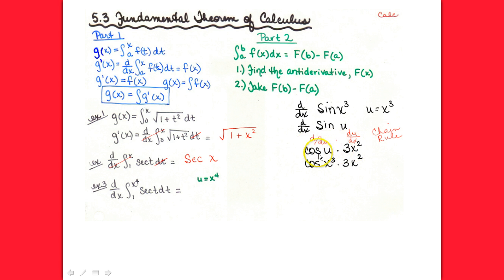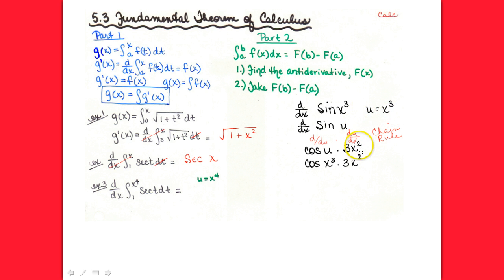Look at how that applied to this problem right here, because we took the derivative of sine u, and it was in terms of u, not in terms of x. So even though we're doing the derivative in terms of x, chain rule enables me to do the derivative of sine u in terms of u to get the cosine u. And then I go back and I take the derivative of u in terms of x. I take the derivative of what I had substituted out.